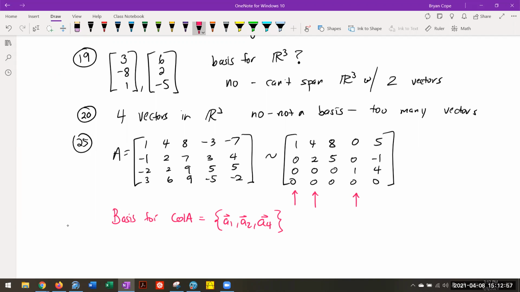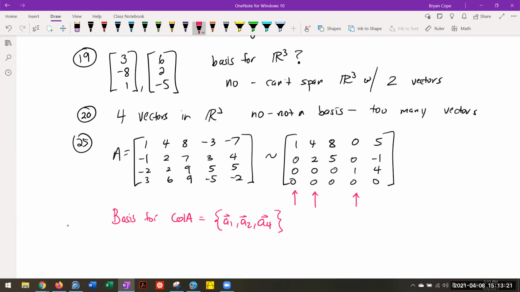Does Col A span all of R4? No. Remember the video last time? We were having fun with the statement full rank. This is not full rank, because the vectors are in R4, but it doesn't span all of R4. What's the rank here? It's rank 3.